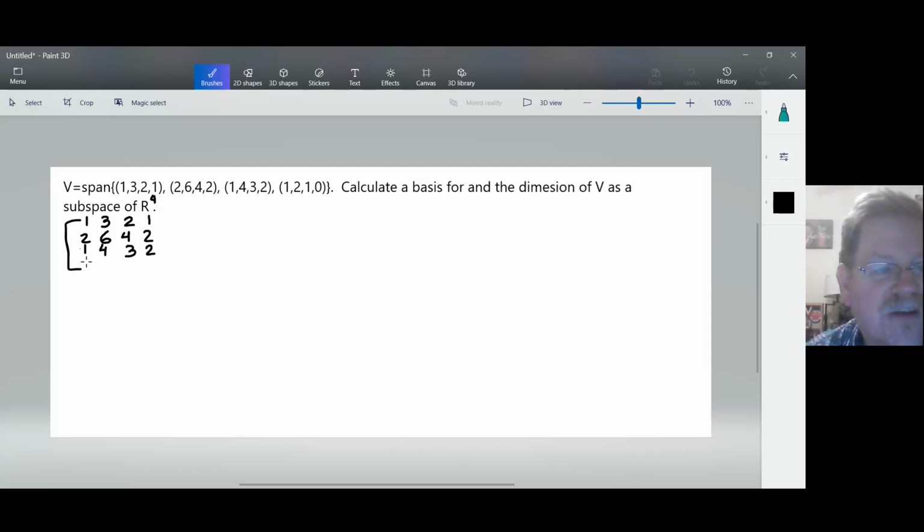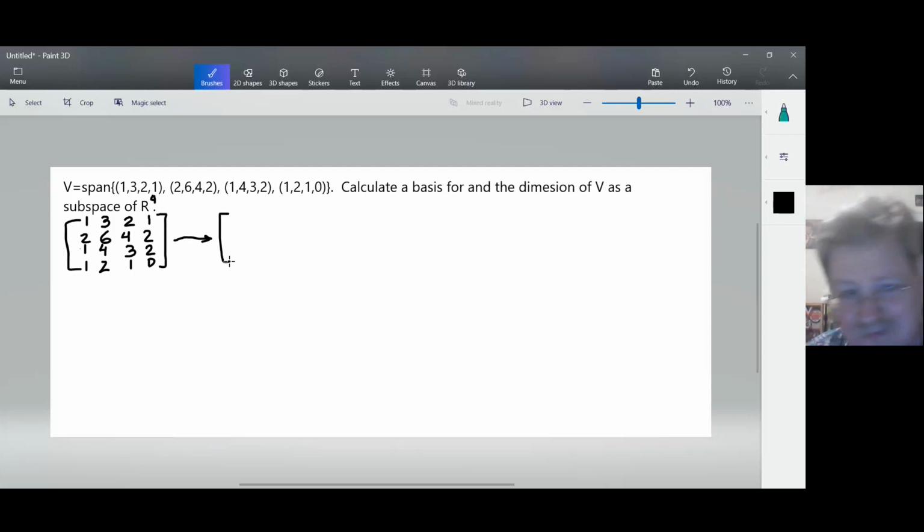So here again, we can say, all right, if I arrange those vectors as rows of a matrix, then the basis for that set of vectors, or that subspace, I should say, is the same thing as the basis for the row space of that matrix. So how we go about it from here is just to get this matrix into row echelon form.